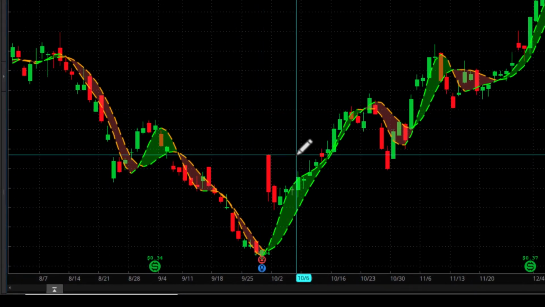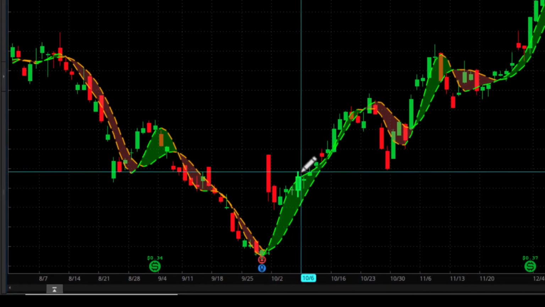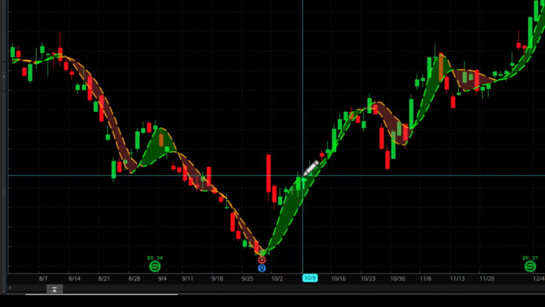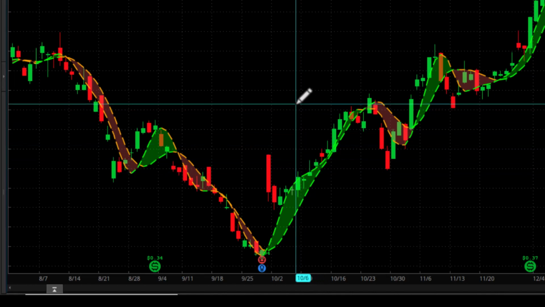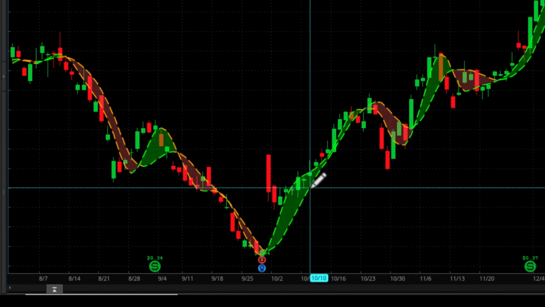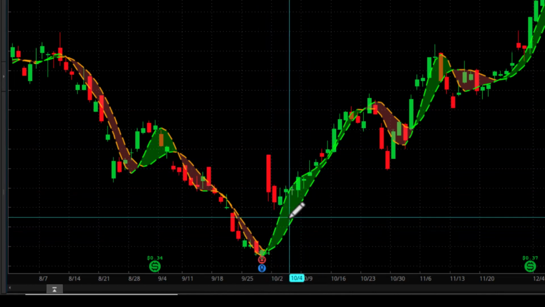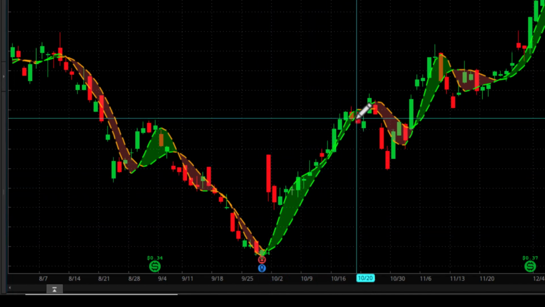So first things first, on the chart, if you have the Hull 10, I'm just going to point to this top guy, Hull 10 greater than the Hull 20, you are going to be in a bullish posture.